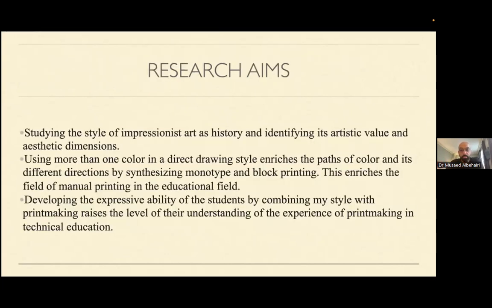My aim for them is to study the style of the Impressionists. By style, I mean direct application, direct drawing, direct painting, and identifying the artistic values and the aesthetic dimensions, because there's a great value in Impressionist work.